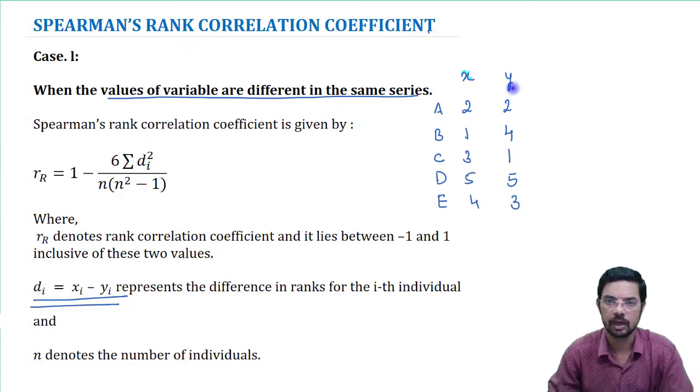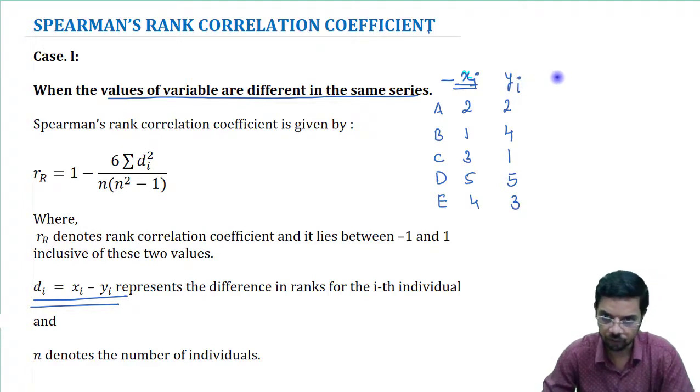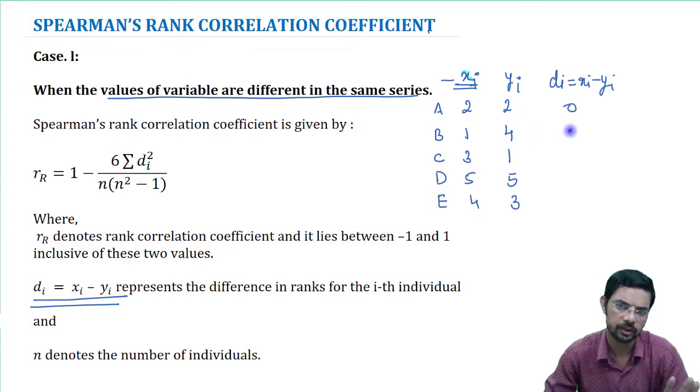Here the xi's are the first judge's ranks and the yi's are the second judge's ranks. So we need to find di, which is equal to xi minus yi, the difference in the ranks. Here the difference in the rank is 0. Here the difference is 3, and we will be taking the positive difference only, not the negative.